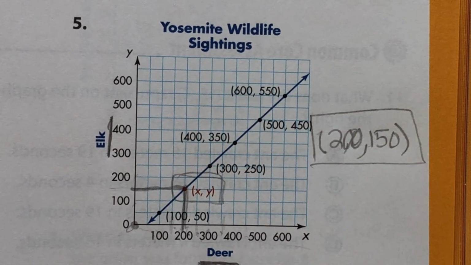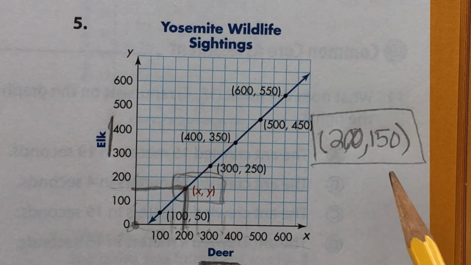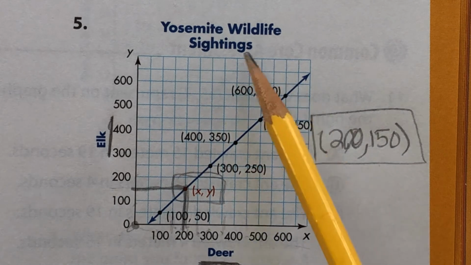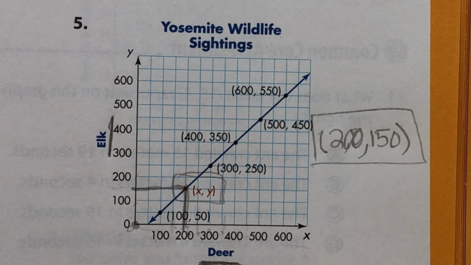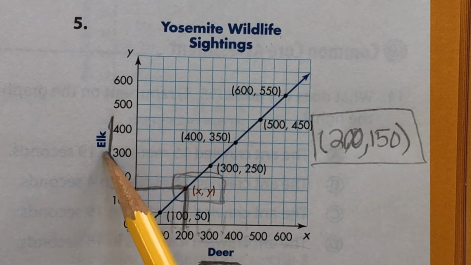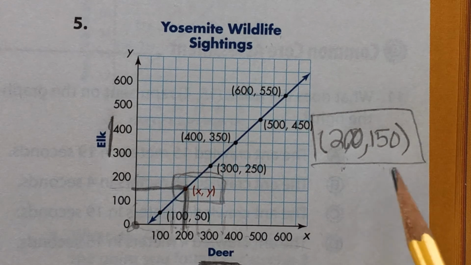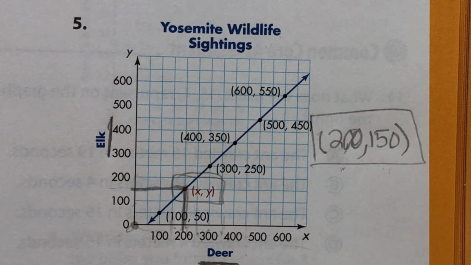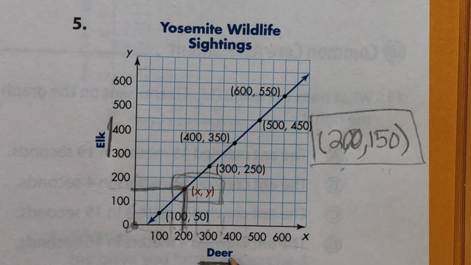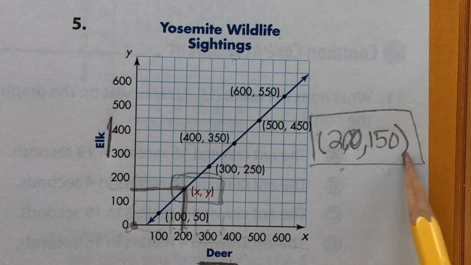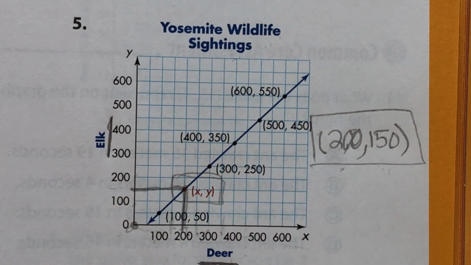But now we want to think about what this ordered pair means in the context of our graph. So look back at our title, look back at our x-axis, what it's called, and our y-axis. So what could 200 and 150 as an ordered pair stand for? Well, 200 stands for deer being seen, and 150 stands for elk being seen.